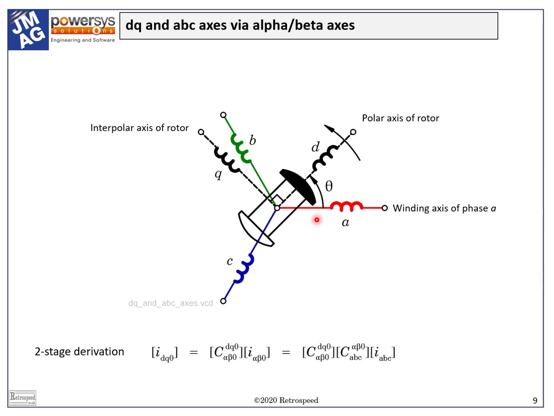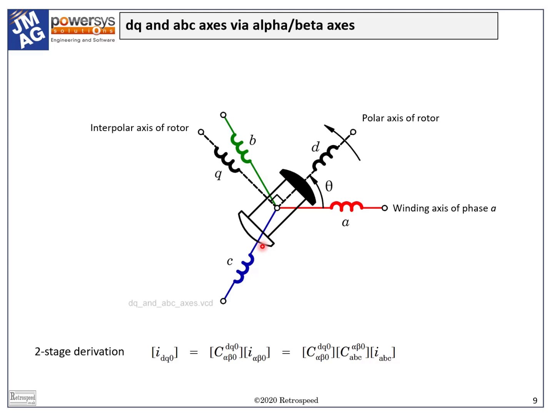At this point, I would like to break off to show Park's transform. The conventional diagram shows the 3 phase windings A, B, C, with their axes displaced 120 electrical degrees around the stator periphery.